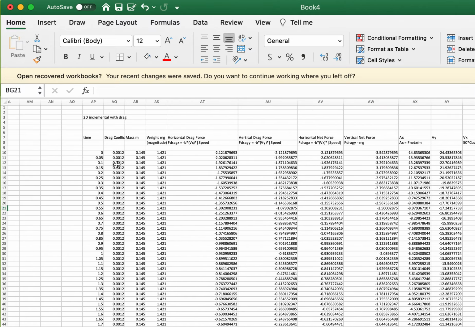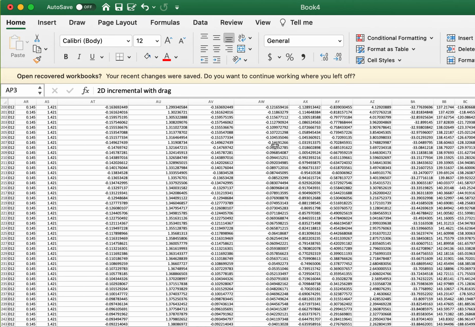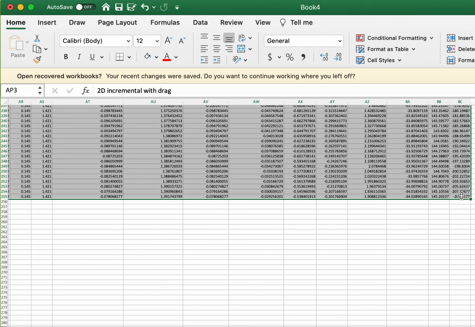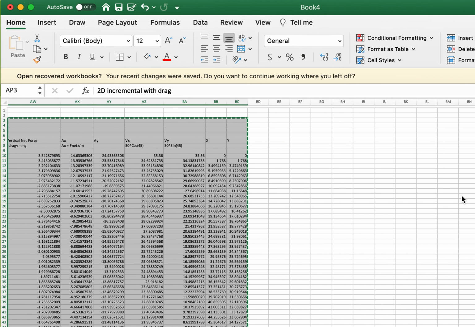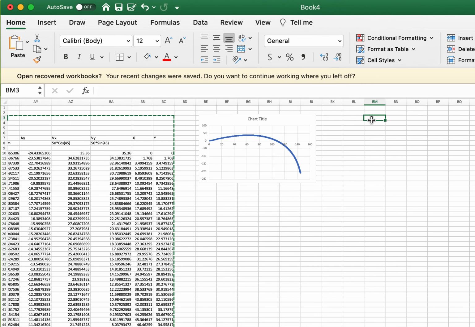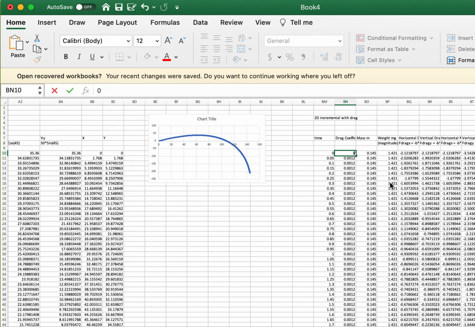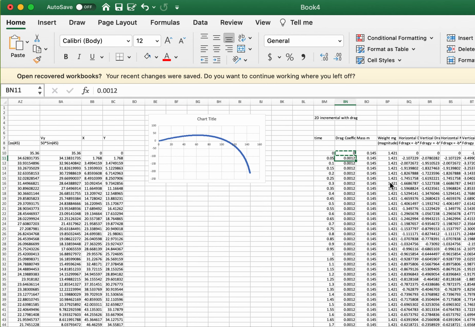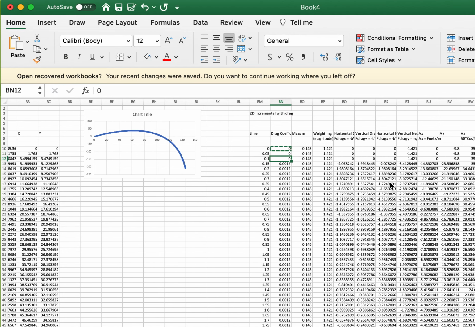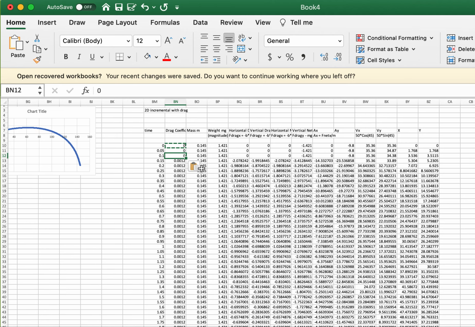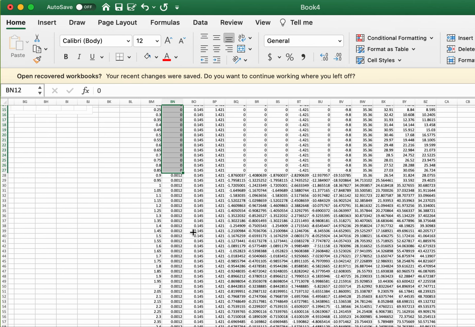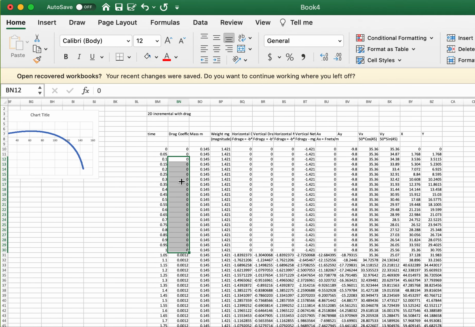So how could I make one just really quickly without drag in like 5 seconds? Easy. Copy the whole thing. Change drag coefficient to 0. What it'll do is modify your entire table, and you can see what's happening.